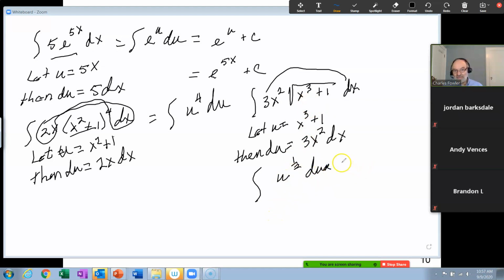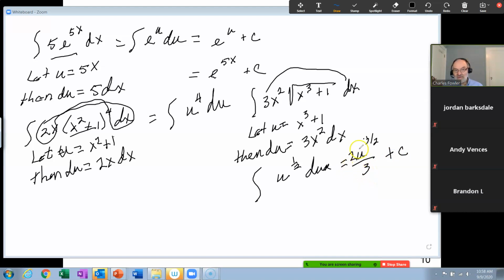And anyone know what that integral would be? Increase the exponent by 1. It's just a power rule. 1/2 plus 1 would be 3/2, and divide by that new exponent, which is the same as multiplying by 2/3, and then plus c.